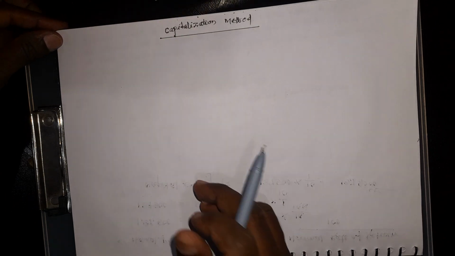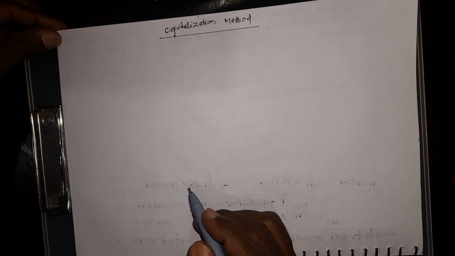Under the capitalization method, goodwill can be calculated on the basis of capitalizing the average profit and by capitalizing the super profit.